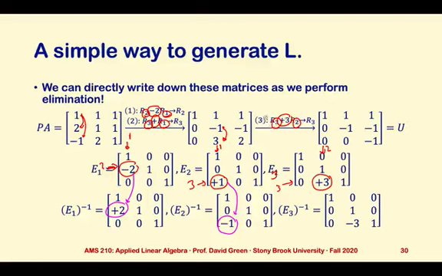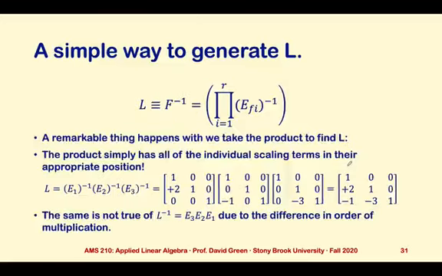And if we were adding 3 times the second row to the third, we reverse that by subtracting 3 times the second row, and we simply change the sign in the corresponding entry. So it's just as easy to directly write down the inverse of these matrices as we go through elimination as it is to write down the forward matrices.